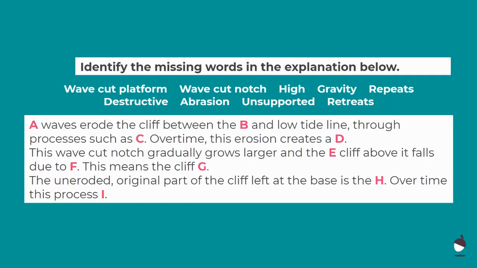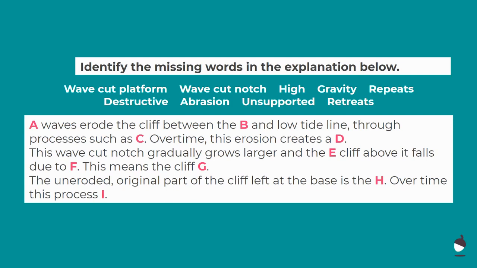Time for your task. Identify the missing words in the explanation below. In white, I've given you the words you can choose from. Wave-cut platform, wave cut notch, high, gravity, repeats, destructive, abrasion, unsupported, and retreats.